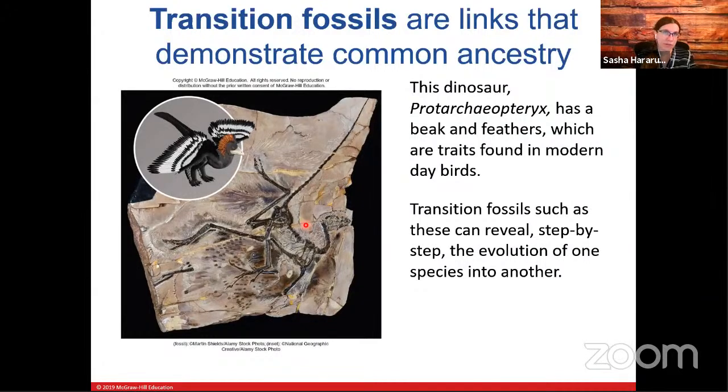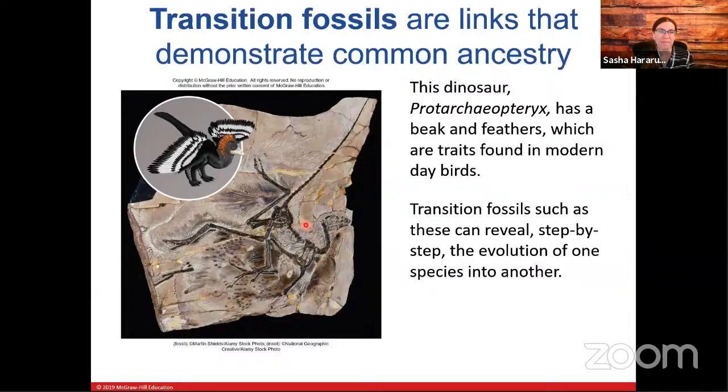But before DNA study became popular, and it didn't become popular that long ago, I mean, DNA was discovered in the 50s, paleontologists relied solely on fossils to study evolution.